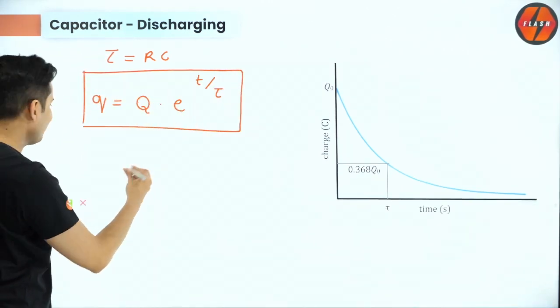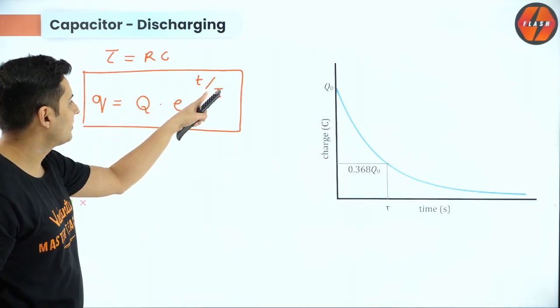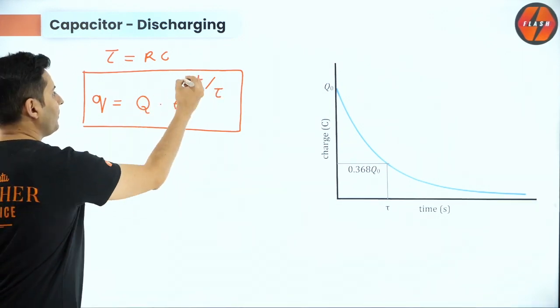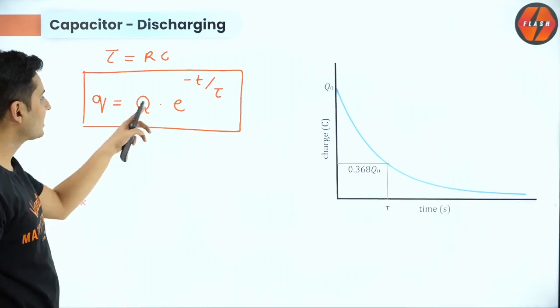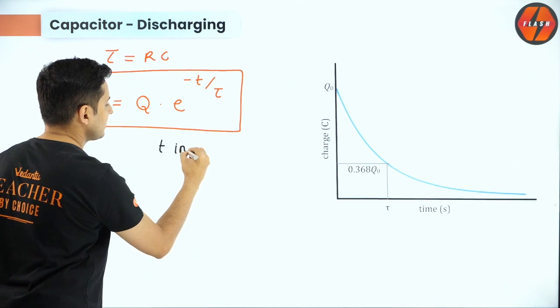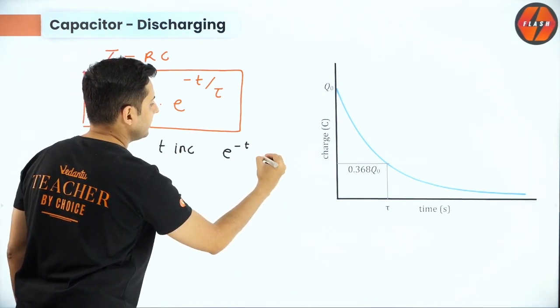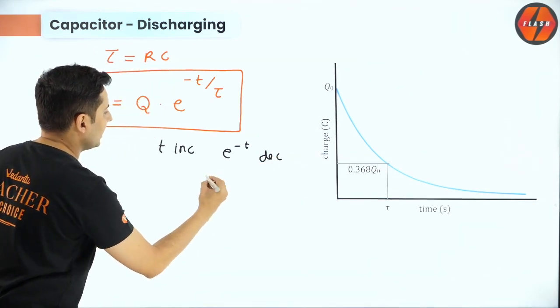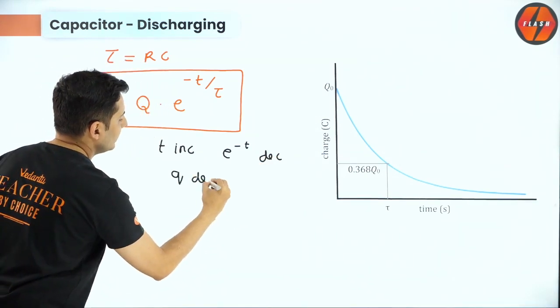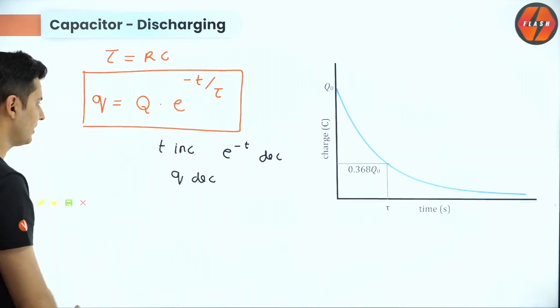You can see as time progresses, as t increases, e to the power minus t will decrease, and that's why q will decrease. Because it's a negative power, it will keep decreasing.